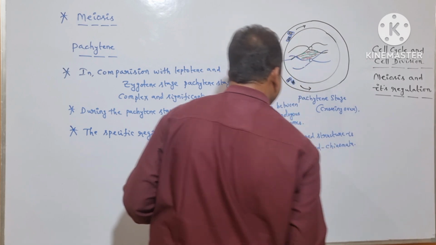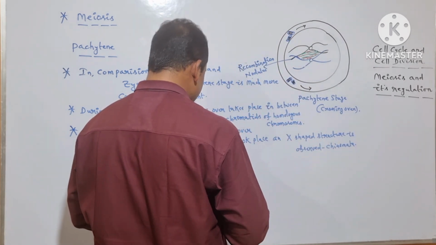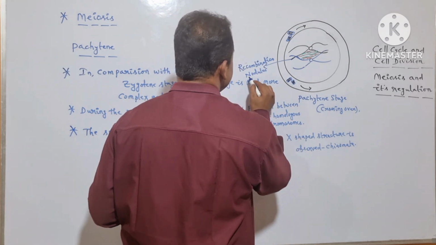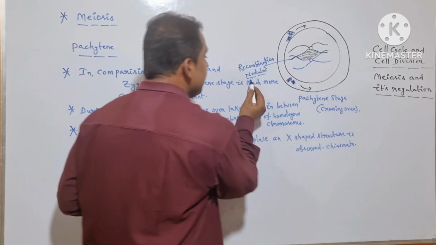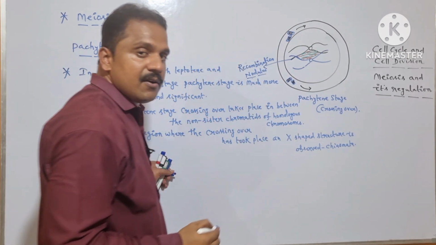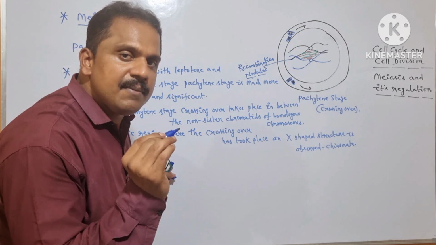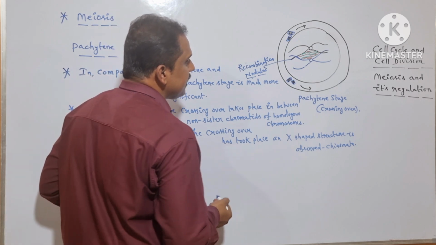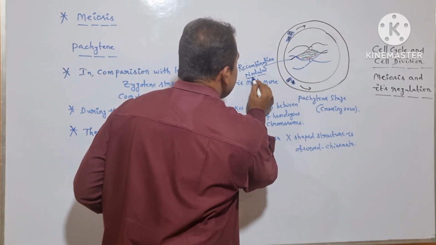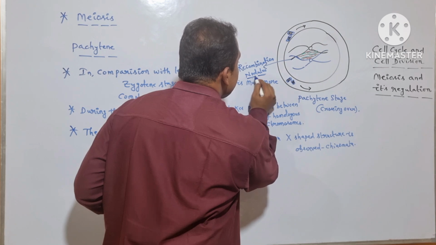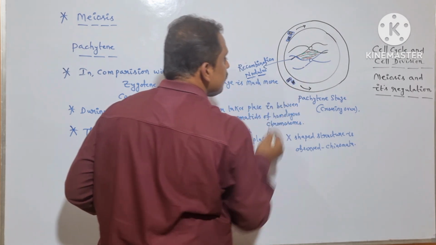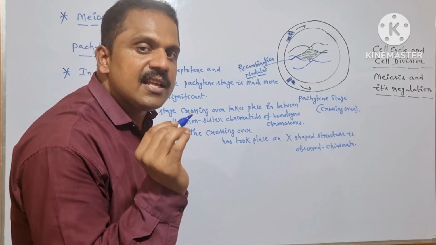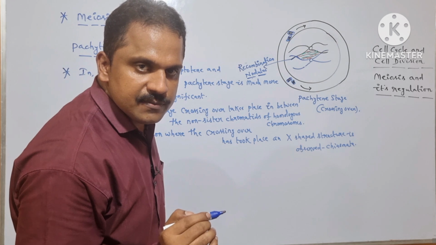Chiasmata, right? And in addition to this, we can observe one more specialized structure at the specific region where the crossing over has taken place, and it is termed as recombination nodules. So here the recombination nodules play an important role in regulating the crossing over between the non-sister chromatids of homologous chromosomes. Is it clear? In addition to the chiasmata, we can observe one more specific structure which is termed as recombination nodules.